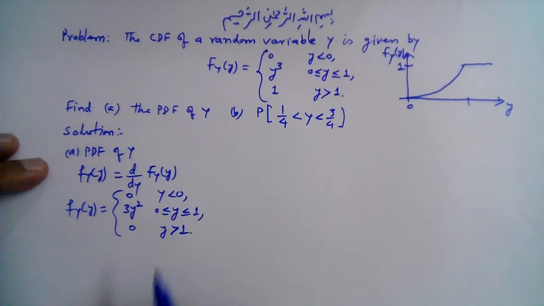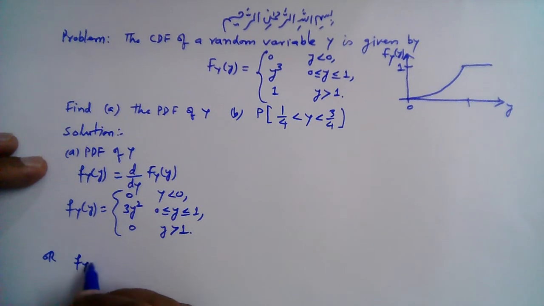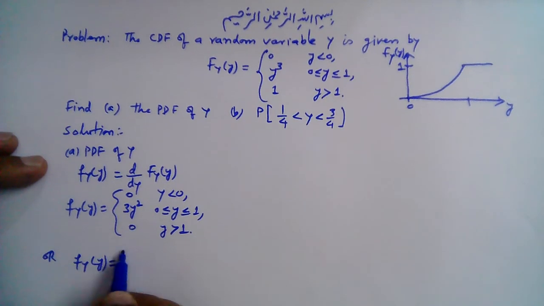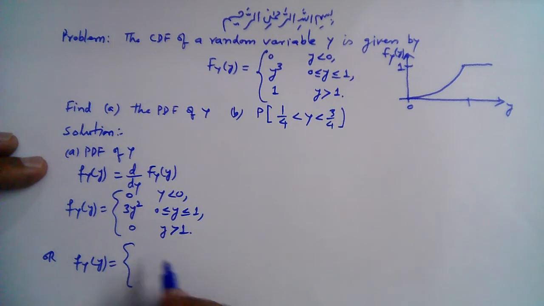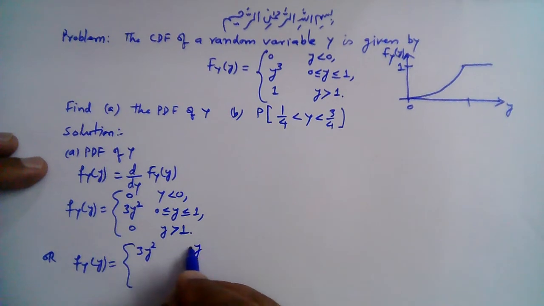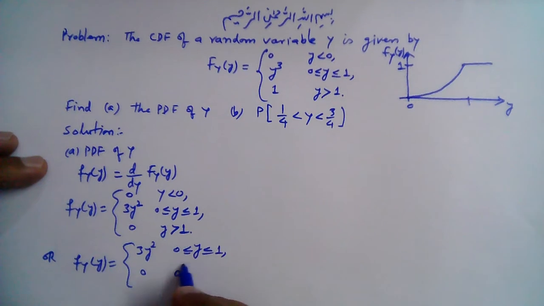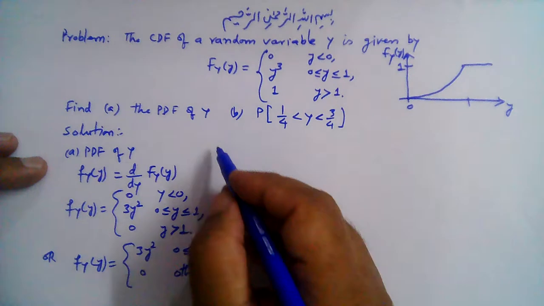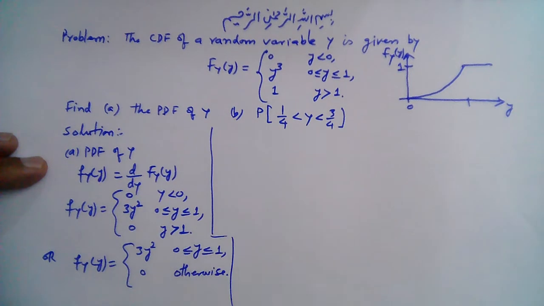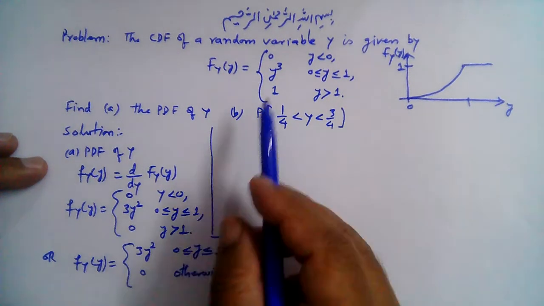We can rewrite it in a more compact form. f_Y(y) is equal to 3y squared when y is greater than or equal to 0 and less than or equal to 1, and 0 otherwise. So this gives us the probability density function of this random variable y, for which the CDF is given here.